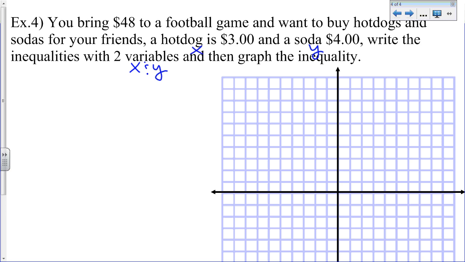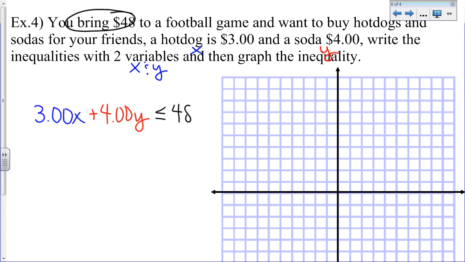All right? So if we take a look at this, hot dogs are $3 each, so that's 3x. Do this in red. Sodas are $4. So that's 4y. And because you brought $48, I have less than or equal to $48 to spend. Well, how am I going to graph this?